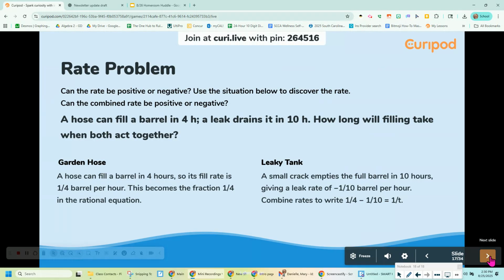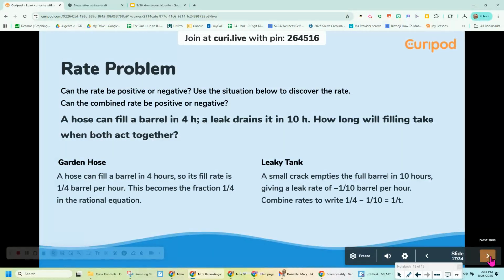So you are filling it with a hose and it's got a leak. So that garden hose can fill that barrel in 4 hours. So its fill rate is 1 barrel in 4 hours, so it becomes the fraction 1 over 4. That's the rational equation.